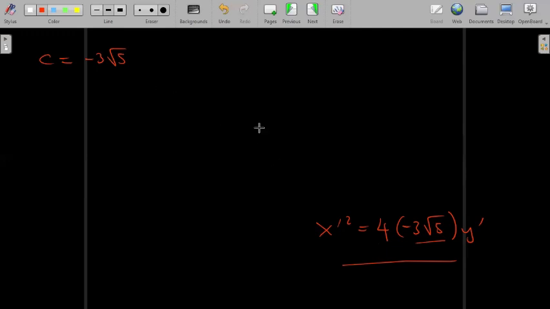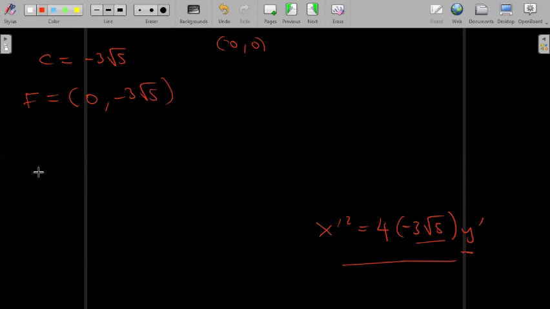So I just now add in, what axis is it? It's in the y-axis. So I add center, which is 0, 0. Then I add my c, in the y, and that's going to give me that my focus will just be equal to 0, negative 3 root 5.